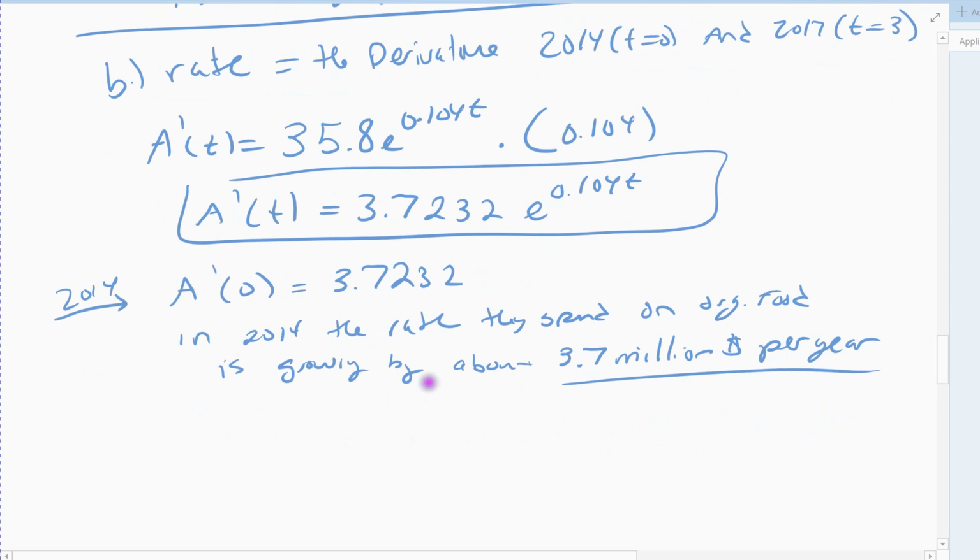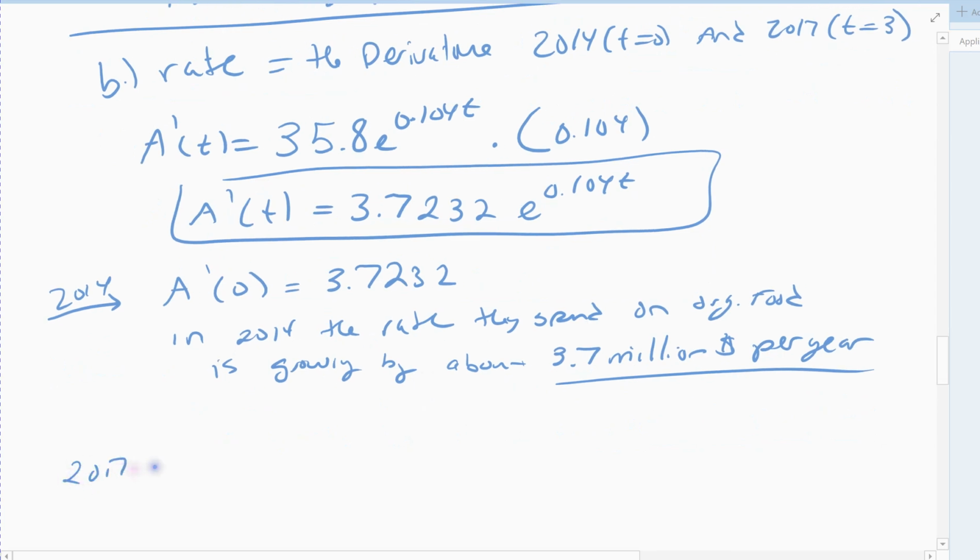Now in 2017, which would be time 3, we plug 3 into that derivative. I'm going to be very careful with plugging in my numbers. 3.7232 times e raised to the 0.104 times 3 comes out to 5.0865 if I round a few decimal places.